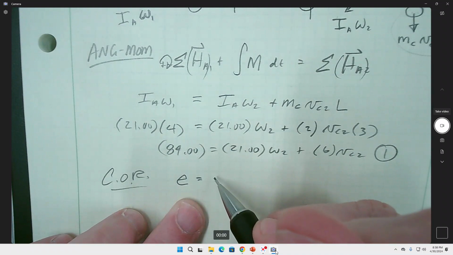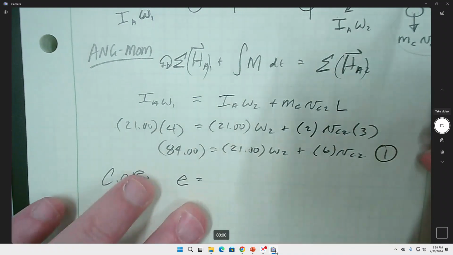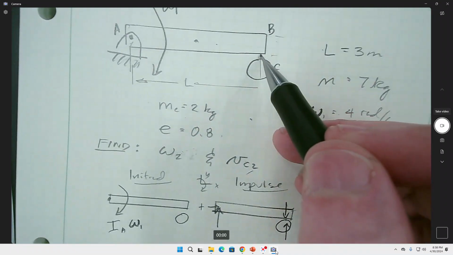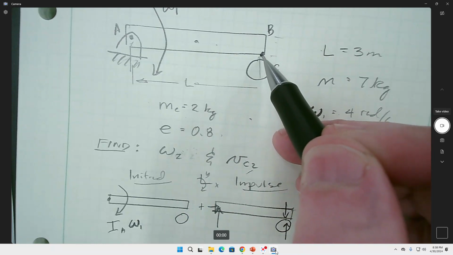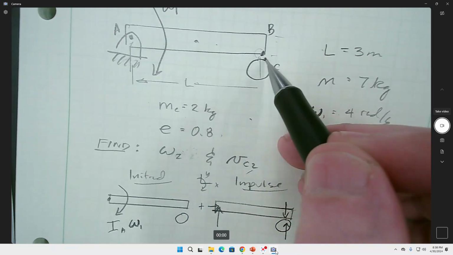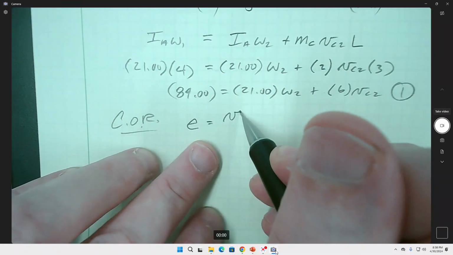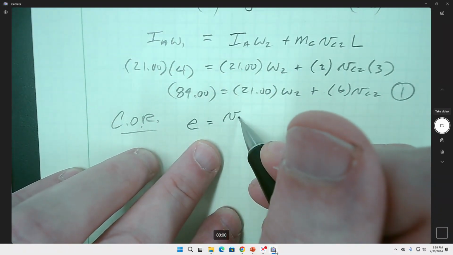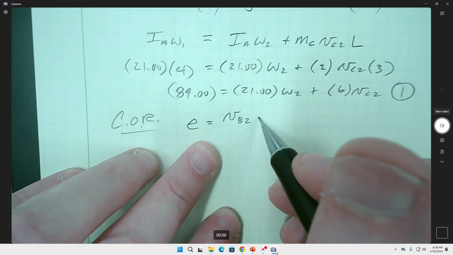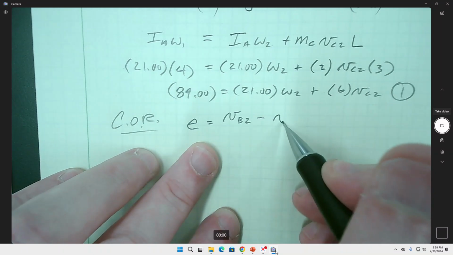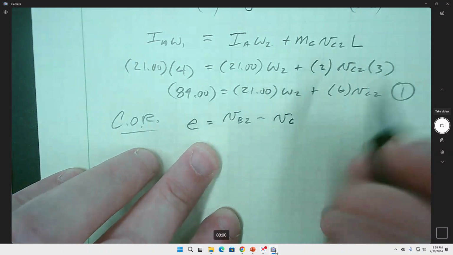So I think I'm going to call that B, because we call the end B right here. So that's going to be the localized velocity V_B2 I'm talking about, that spot right there. So let's say that we have V_B2 minus V_C2.